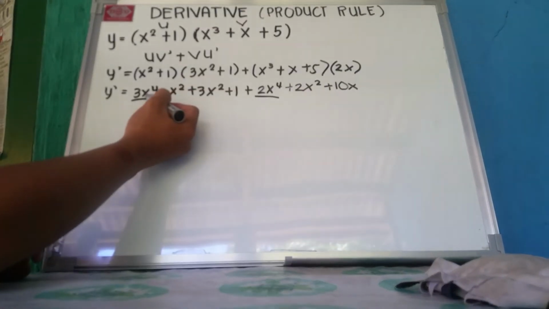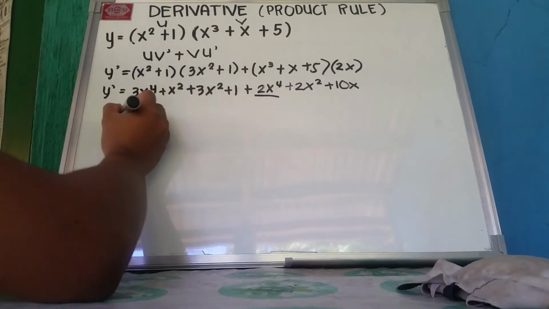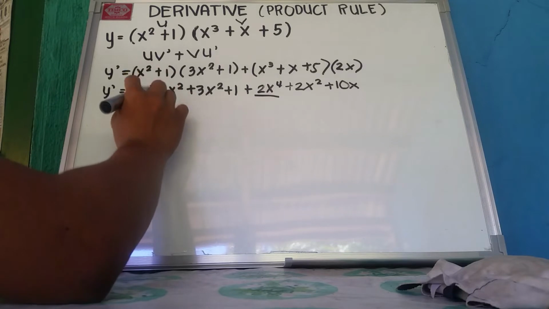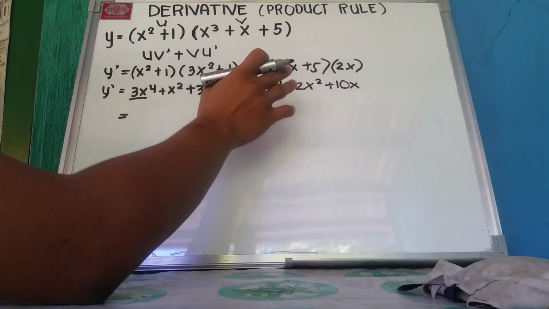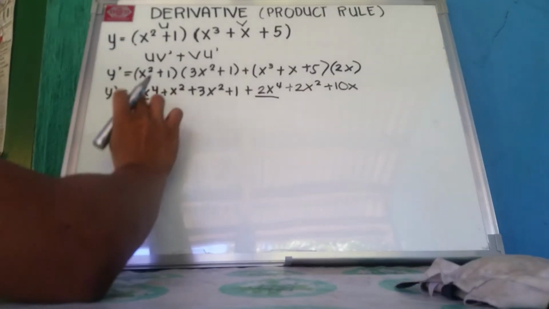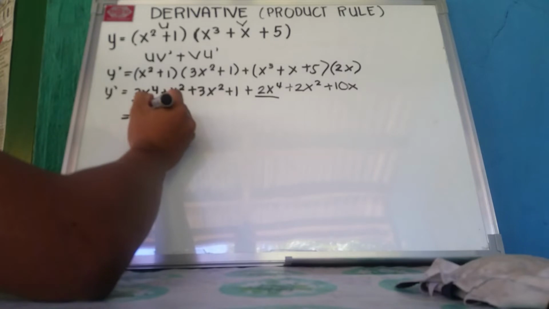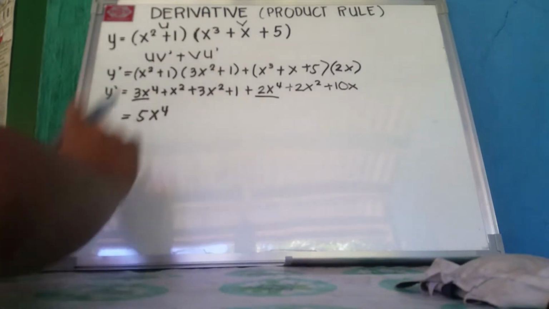Why? Because it has the same variable and exponent. Alright, so 3x raised to the power of 4 plus 2x raised to the power of 4 is equals to 5x raised to the power of 4.